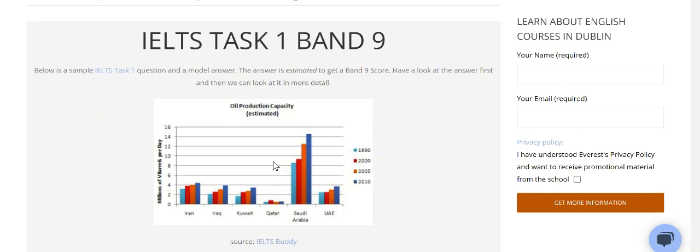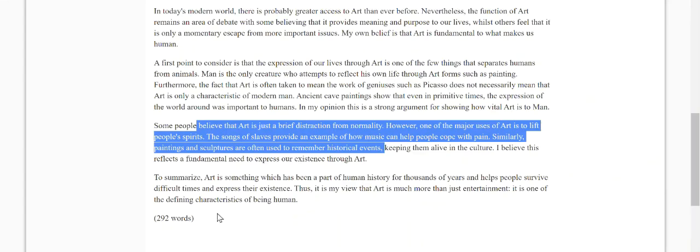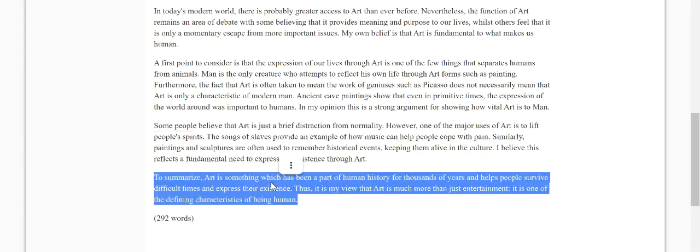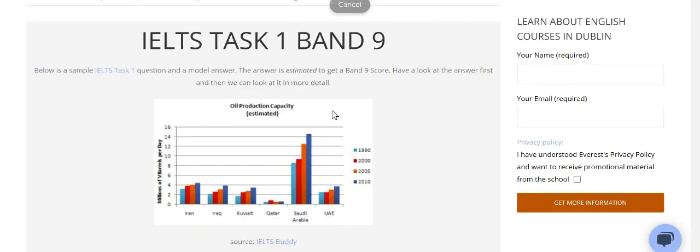You can skip the conclusion paragraph and you just need to express what you are seeing here.